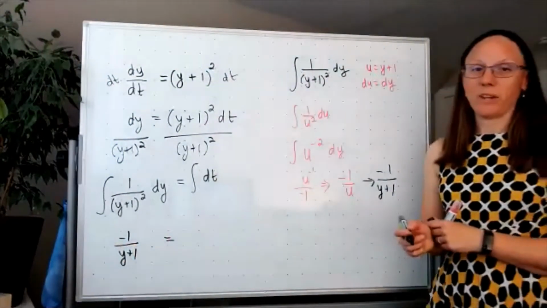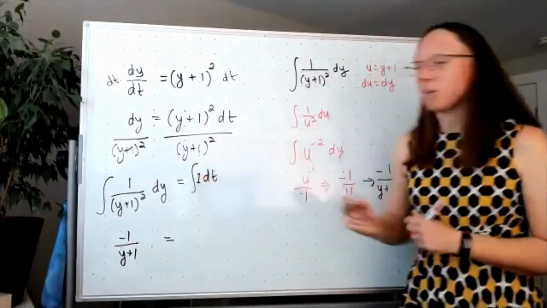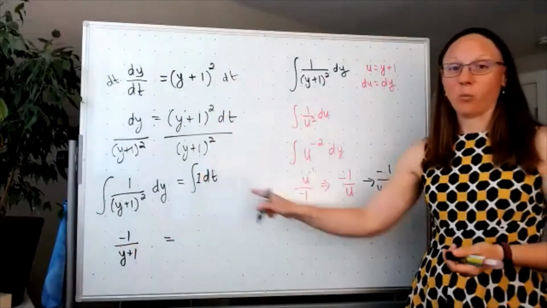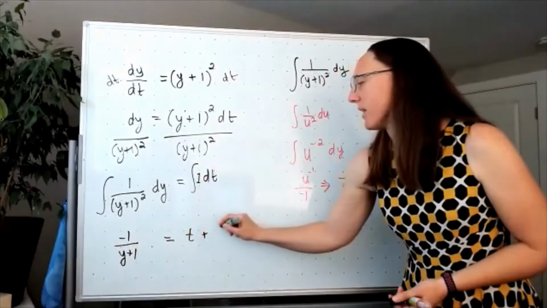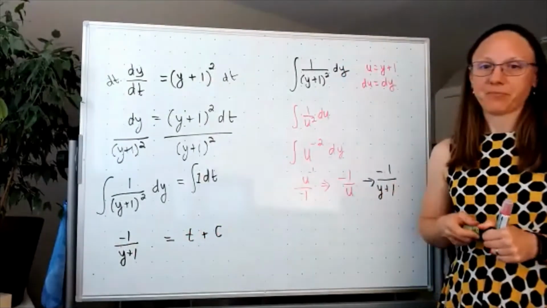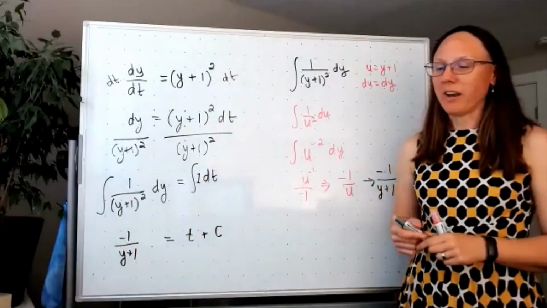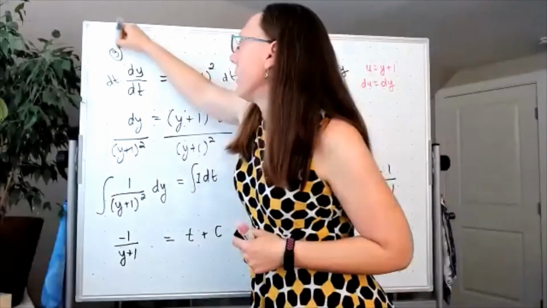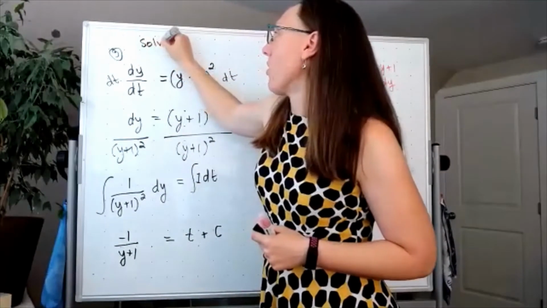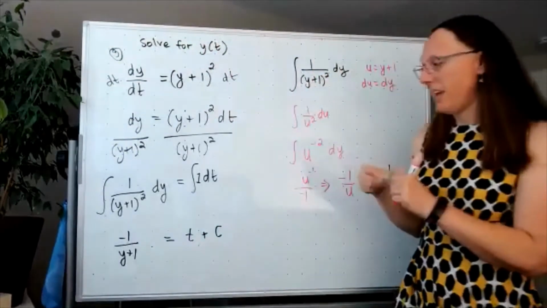On the right-hand side, when we integrate dt, we're again going to remember that there's an invisible 1 in there. So when I integrate with respect to time, I will get t and then plus a constant. Here, depending on what our instructions said, let's say that we needed to solve for y of t.